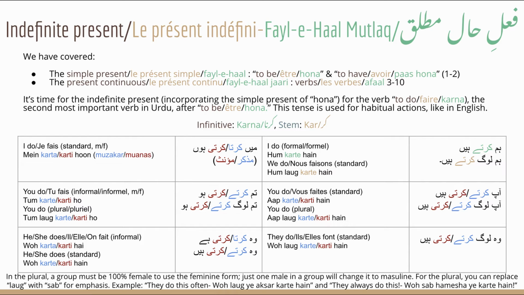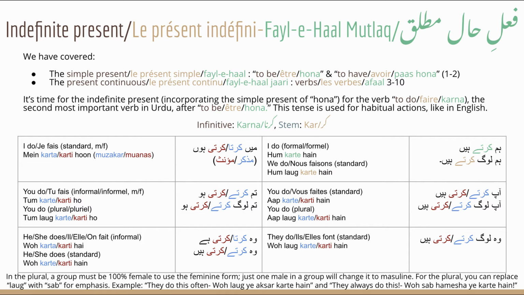I do formal. हम करते हैं. We do. हम लोग करते हैं. So just a thing is the log can be dropped and that still can signify both singular or plural, but the log basically emphasizes that it's the plural, but it's not exactly required.